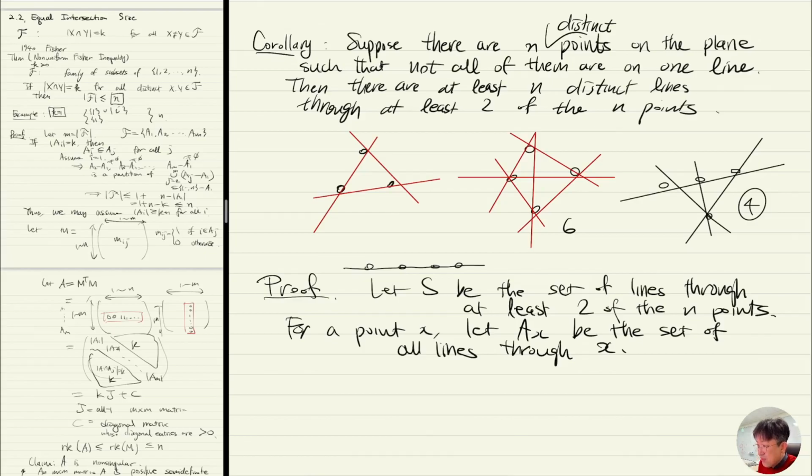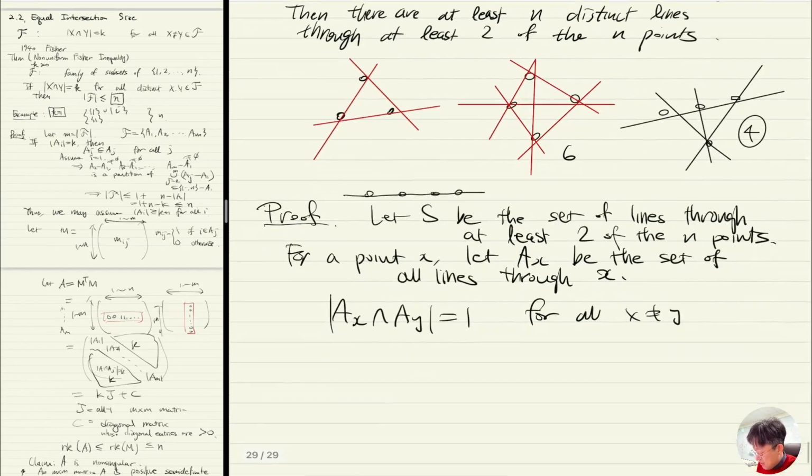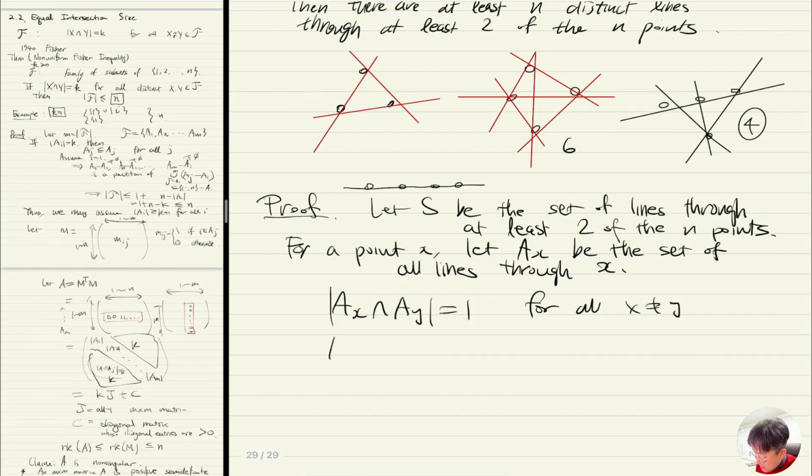Now you have a family. So let's look at A_x intersection A_y. The number of lines going through x and y is exactly 1. So you have a set system, A_x1, A_x2, ..., A_xm. If you start with m points, you have m of these sets where the pairwise intersection has exactly 1 element. Pairwise intersection is exactly 1 line.